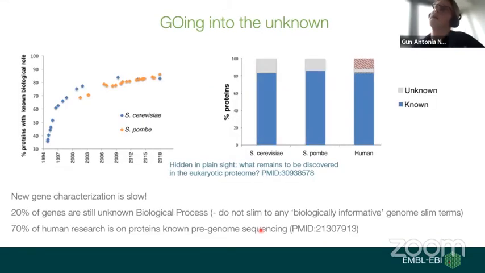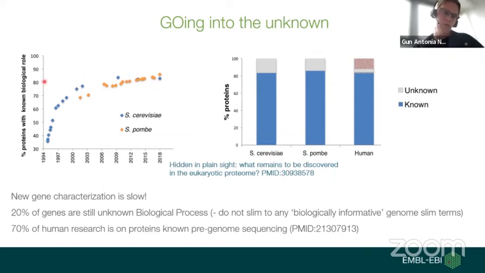And as I mentioned, we have a large amount of unknown genes hanging about in the genomes of our favorite organisms. In this paper, it was shown that for both the model organisms cerevisiae and pombe, gene characterization over time was very rapid up to the early 2000s, and after that it sort of stagnated.